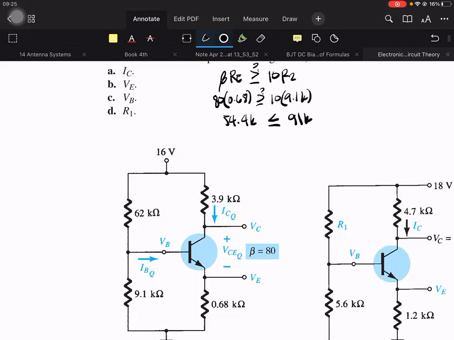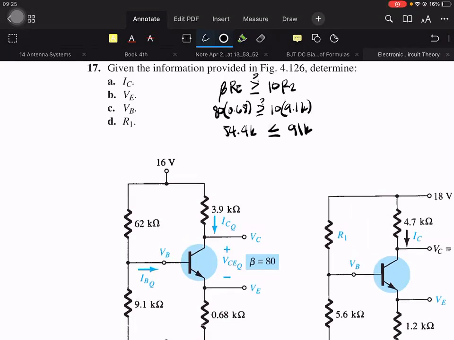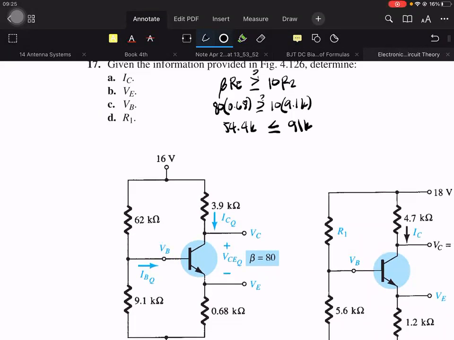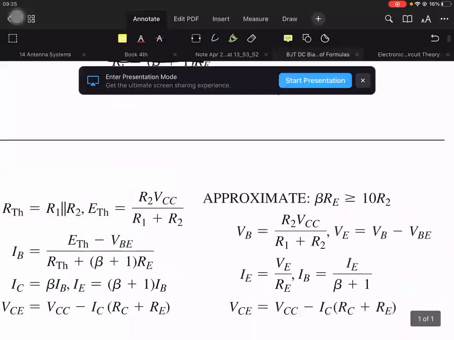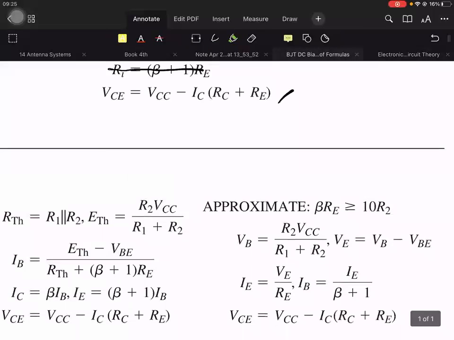No. So for this problem, we could not use the approximate analysis. The condition is not satisfied.